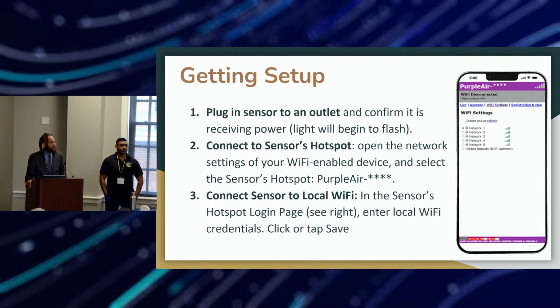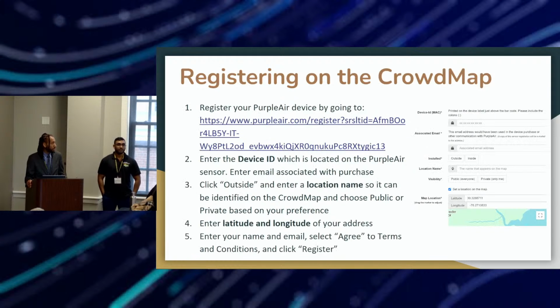And once you connect that, then the PurpleAir itself will start broadcasting, but you also have to go through a secondary step, where you just fill in the device's information, your email address, whether it's installed indoor or outside, and then you name the device.